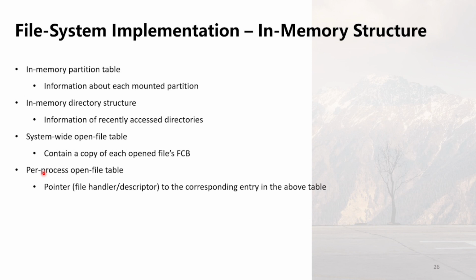This includes information related to the operations, such as whether it is opened for writing or reading, and which file handler is used. All this information is stored in the per-process open file table. To reiterate, this table is created based on the behaviors of the process when operating on files.